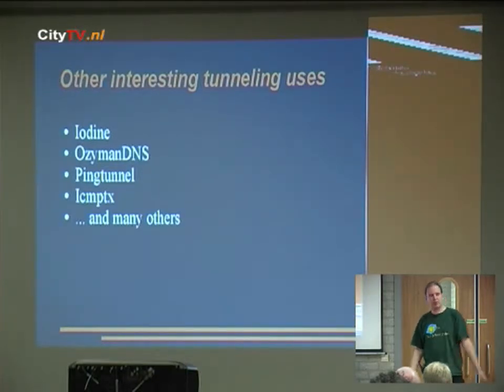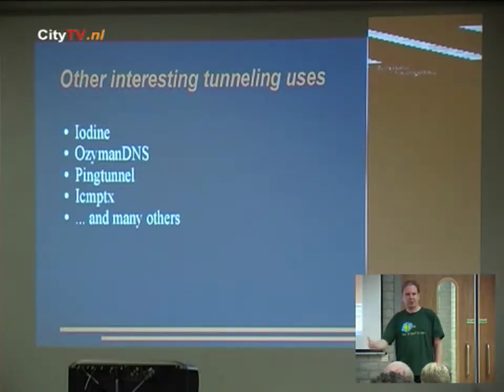But they didn't block TCP ICMP packets. So I could use ICMP-TX in this case, which wraps your TCP packets in an ICMP ping and will allow you to just create a connection. It does, of course, require that you have a daemon listening on your server, listening for ping packets and replying. Just like ICMP-TX, ping tunnel claims to do the same thing, only I couldn't get it working.